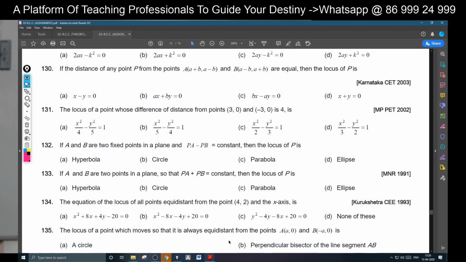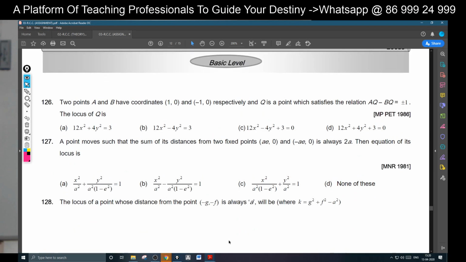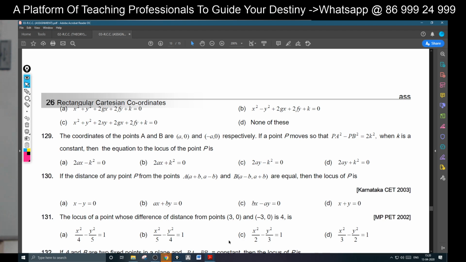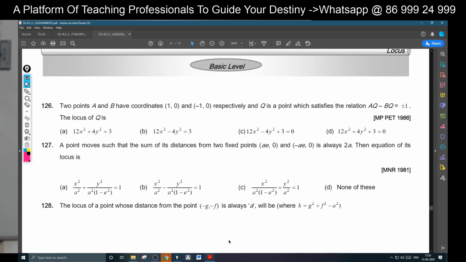Now I doubled the size of the paper here. Is it clear? Is it clear, Arun? Respond, Arun, because without understanding the question, without studying the question, which is given in the verbal form, it is difficult for us to solve the problem.